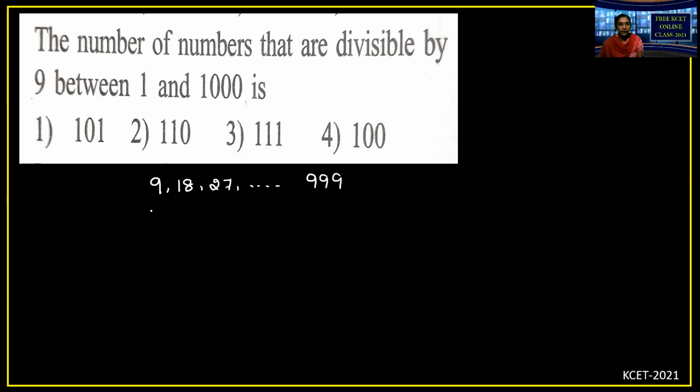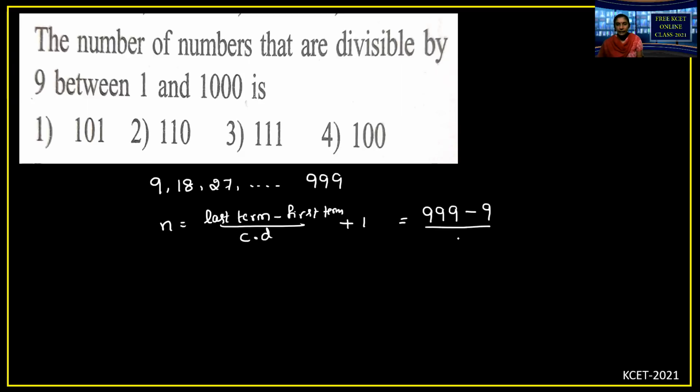Now I want to calculate the value of n. So n is equal to the last term... The shortcut I told you in the previous problem: to calculate the value of n, last term minus first term divided by the common difference, plus 1. So the last term of this sequence is 999, minus the first term, which is 9, divided by the common difference, which is 9, plus 1.